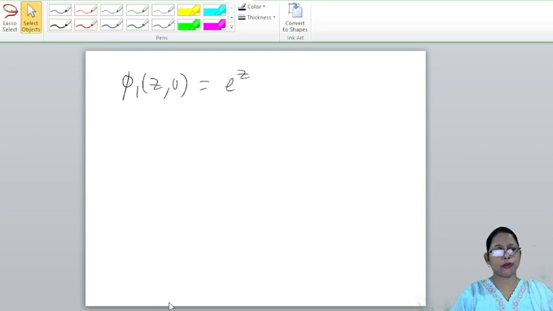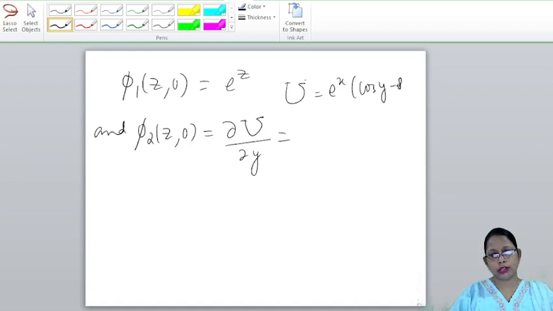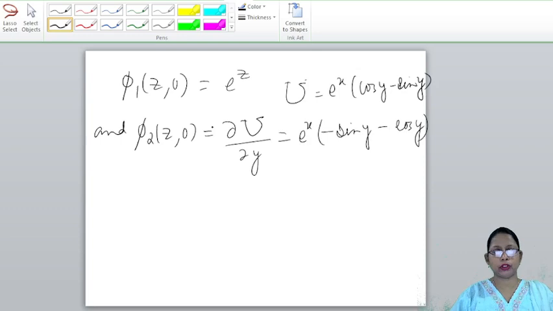Next, phi 2 (z, 0) will be del capital U by del y. Partially differentiate capital U equal to e to the power x (cos y minus sin y) with respect to y treating x as constant. This will be e to the power x, where the differentiation of cos y is minus sin y and the differentiation of sin y is cos y.